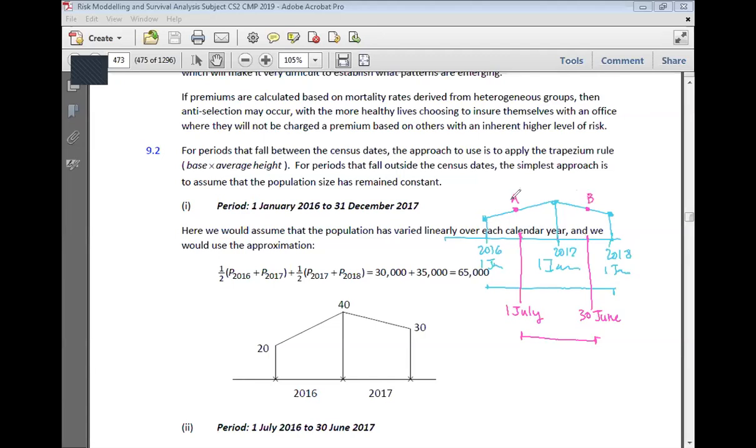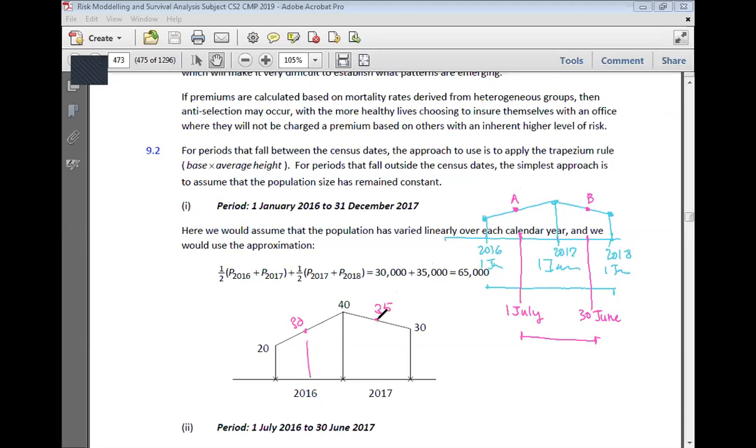So how do you guys think I can determine the values of A and B here? Anyone? A plus B by 2. Exactly right, which is what we have already done here. So we got 30 here and we got 35 here.